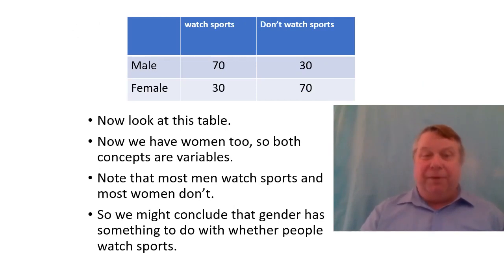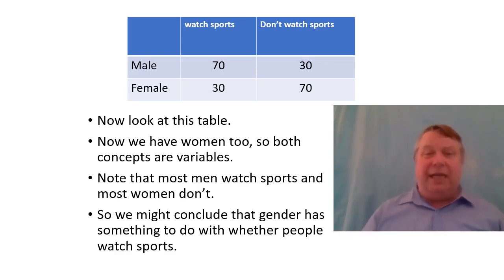Now look at this table. Now we have women as well. So we have two variables. We have watching sports and don't watch sports. That's a variation of the concept of watching sports. And then we have male and female. Those are variations on the concept of gender, right?